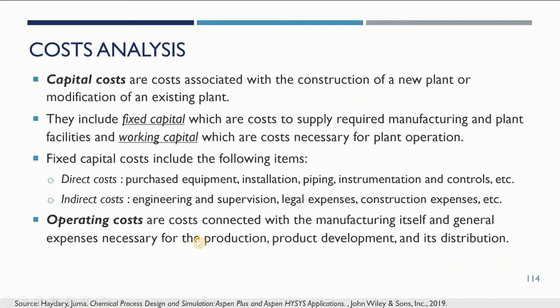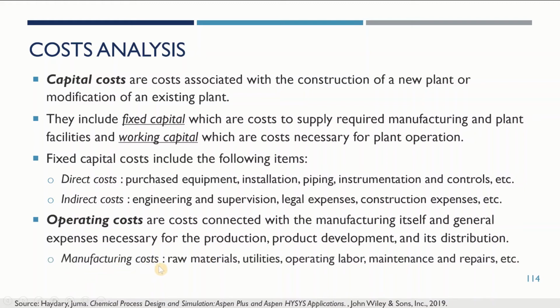The next one is the operating costs, which are costs connected with the manufacturing itself and general expenses necessary for production, product development, and its distribution. There are two major types of operating costs.